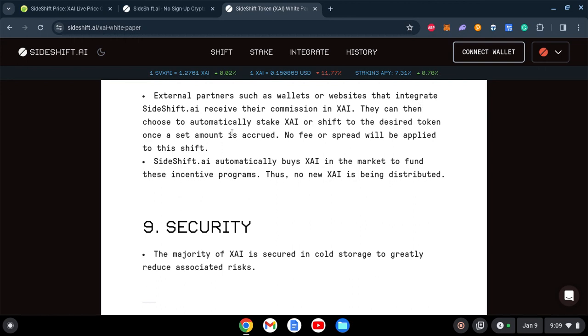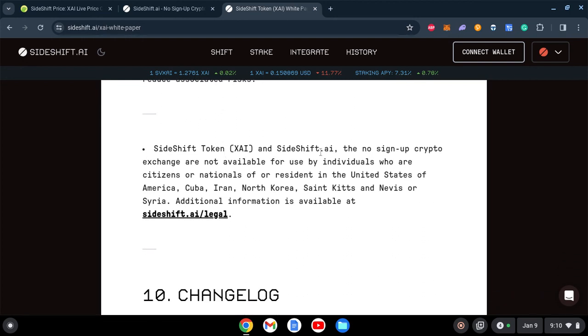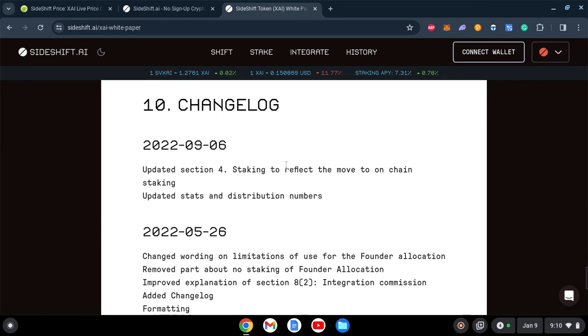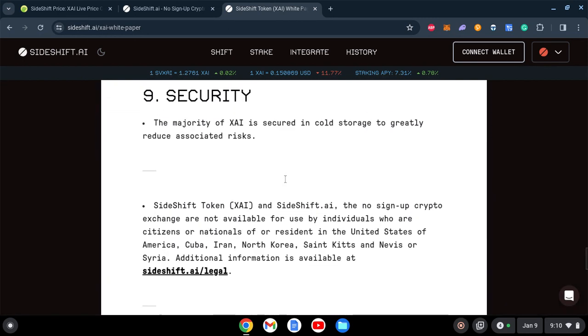They can then choose to automatically stake SAI or shift to the desired token once the set amount is accrued. The majority of SAI is secured in cold storage to greatly reduce associated risk. The Sideshift token and Sideshift.ai, the no sign-up crypto exchange, are not available for use by certain individuals. Again, this is not that important, and I guess these are also not as important as you might imagine.